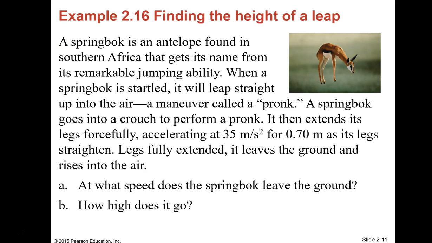Now, we have this object, this leaping antelope. A springbok goes into a crouch to perform a jump, a pronk. It then extends its legs forcefully, accelerating at 35 meters per second squared for 0.7 meters as its legs straighten. It leaves the ground and rises into the air.